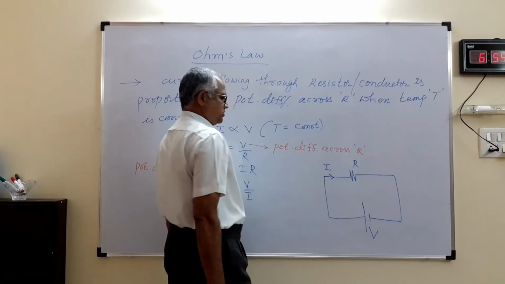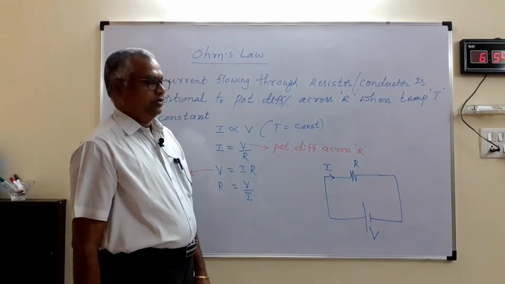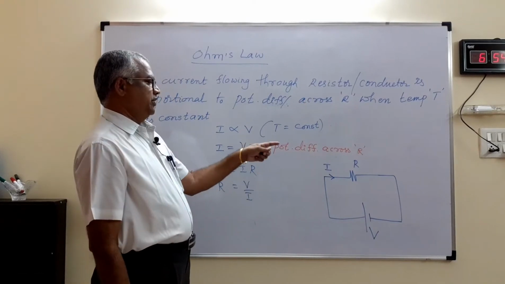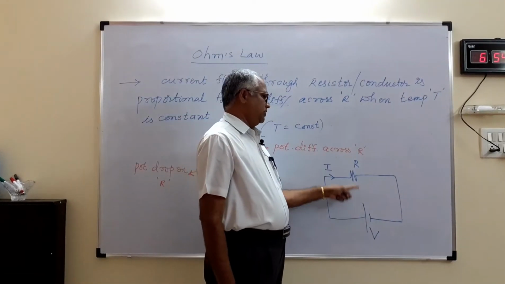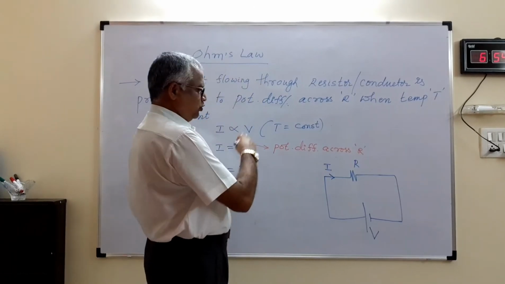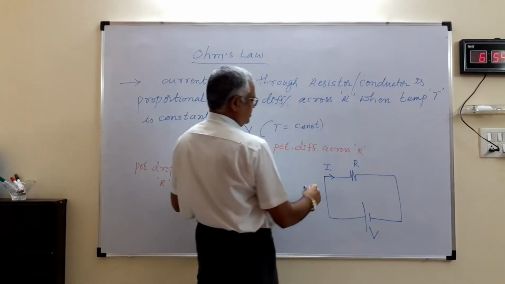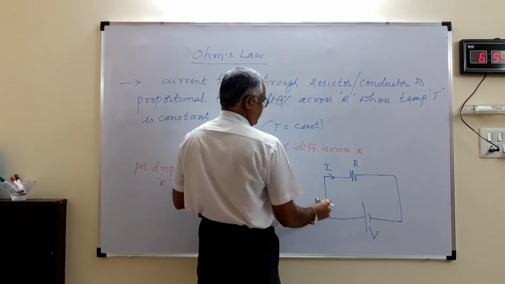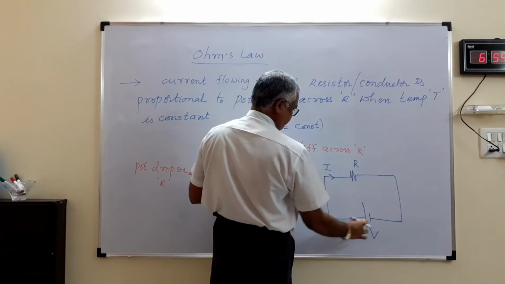This is called a circuit. Circuit means elements are connected and a loop is formed, therefore it is called a circuit.